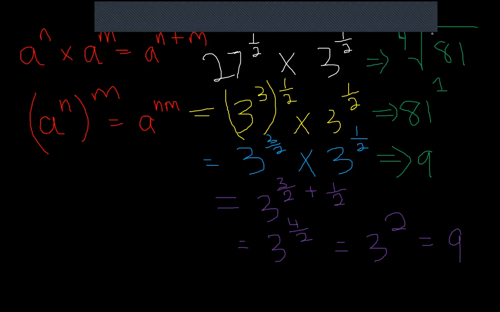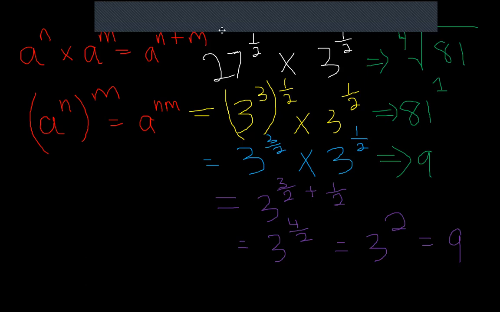So the people who got this and this, you want to tell me how you got that? I say multiply 27 by 3 and then add the two bases. You see, that's what I was saying.